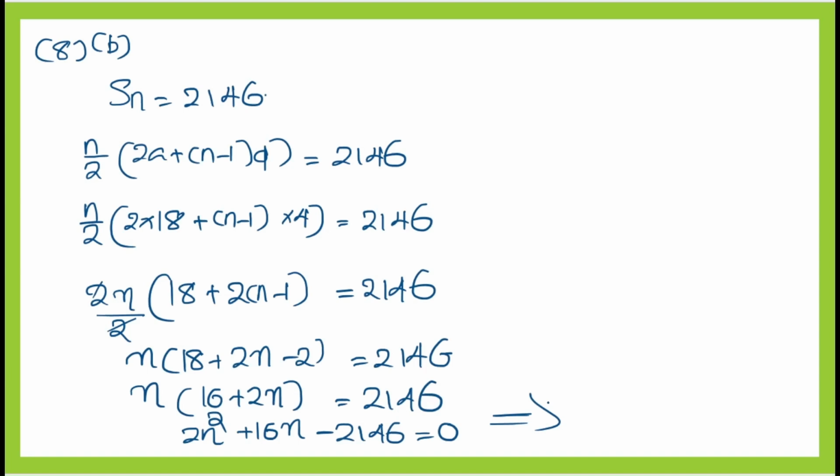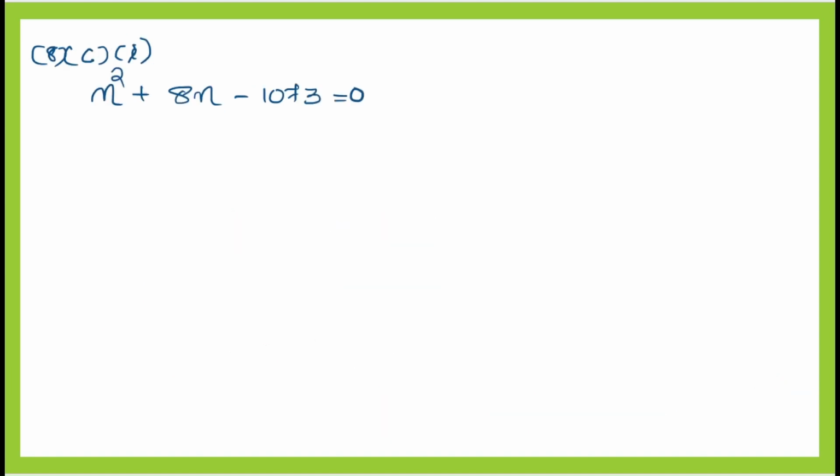Now take 2 as common from the left hand side. We got the final answer as n square plus 8n minus 1073 equals 0. Now to find the value of n, or the number of rows of seats in the theatre, just try to solve the equation n square plus 8n minus 1073 equals 0.